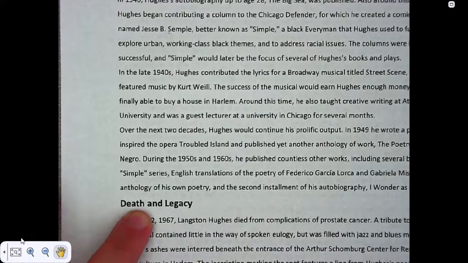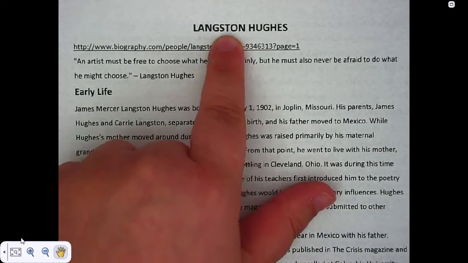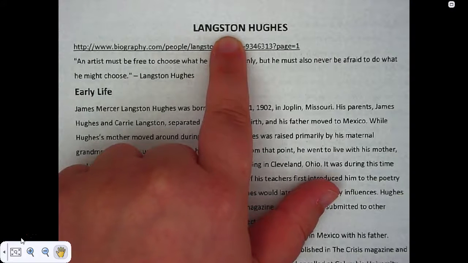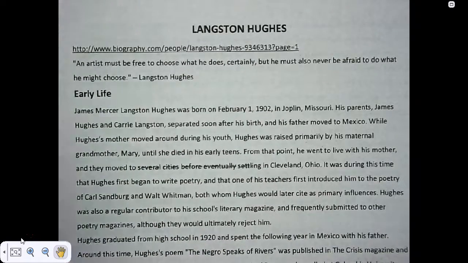These different section subheadings let me know that this piece is most likely going to be about this person's life. Even if I don't know who Langston Hughes is right off the bat, chances are this is going to be a story about his life based off of what each subheading described.